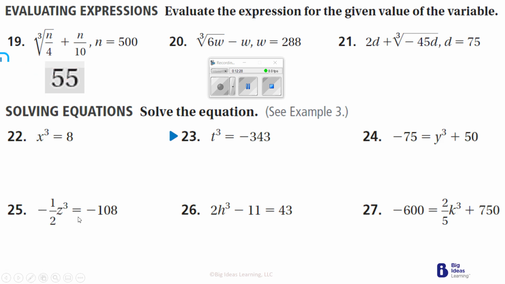All right, let's try number 21 next. Number 21 says I got 2d plus the cube root of negative 45d when d is 75. So this is going to be 2 times 75. We're adding this to the cube root of negative 45 times 75. All right, so first, 2 times 75 is 150.